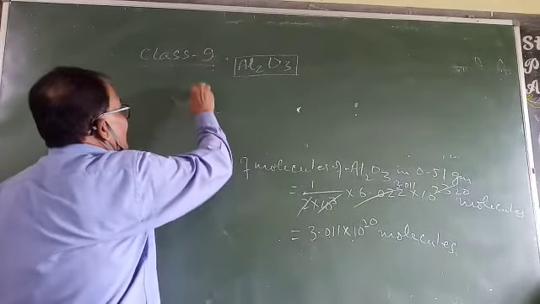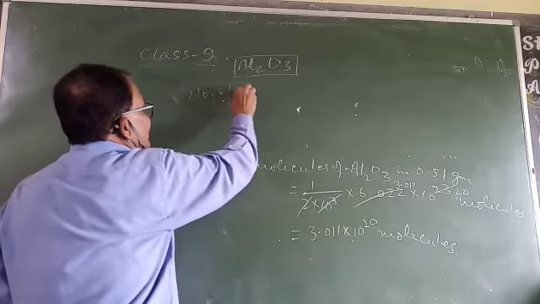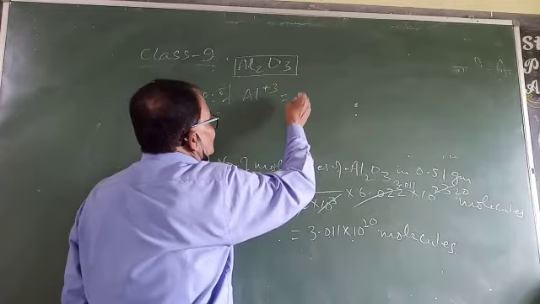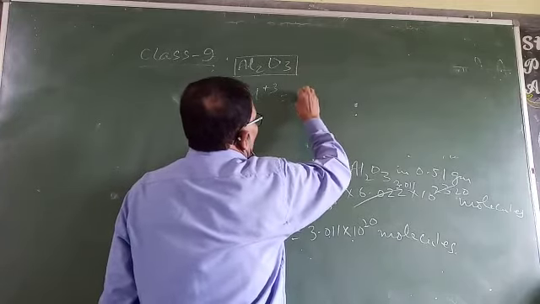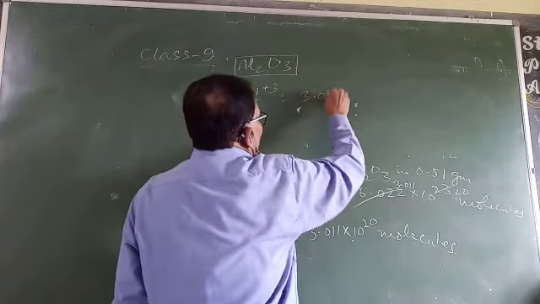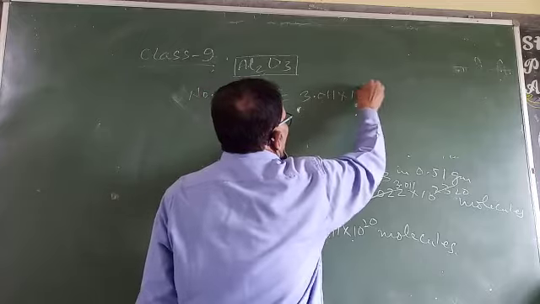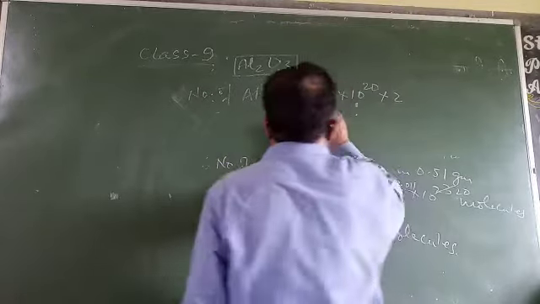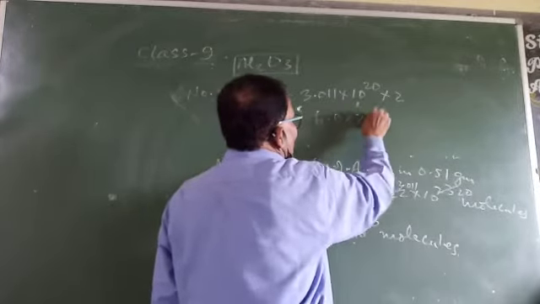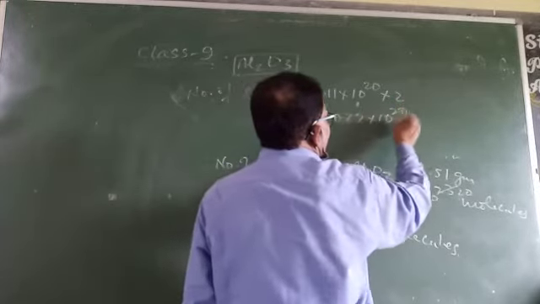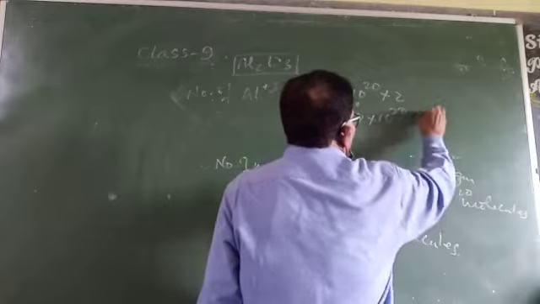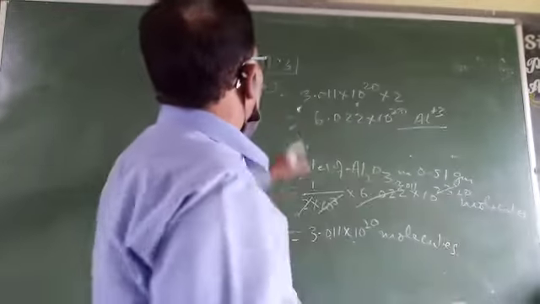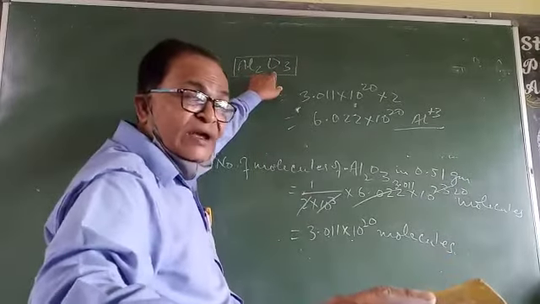So, therefore, the number of aluminium ions will be equal to 3.011 into 10 to the power 20 into 2, that is 6.022 into 10 to the power 20 aluminium ions.